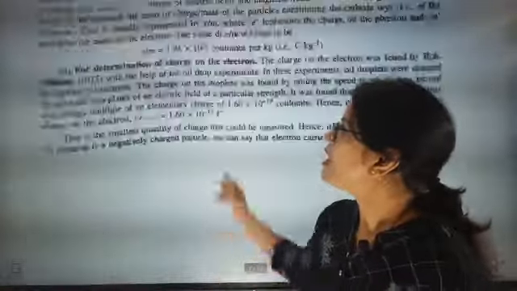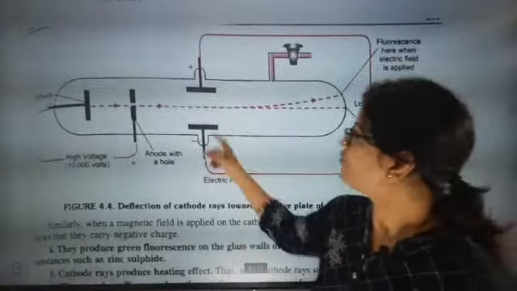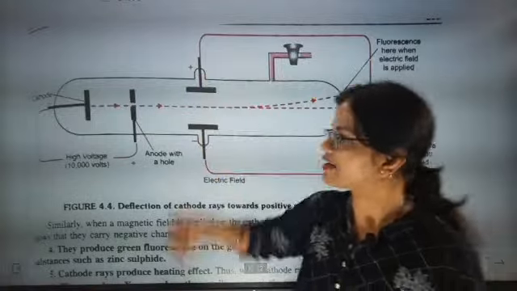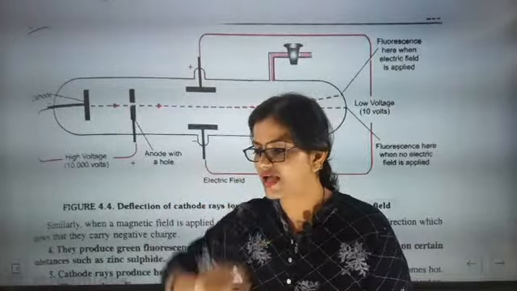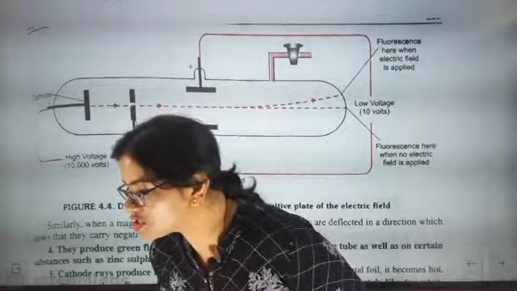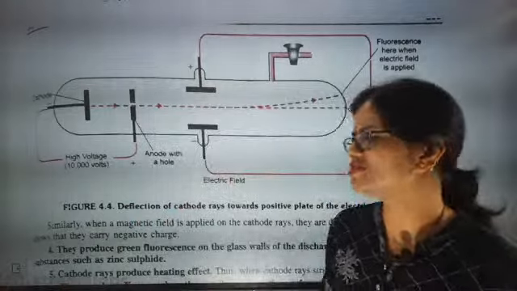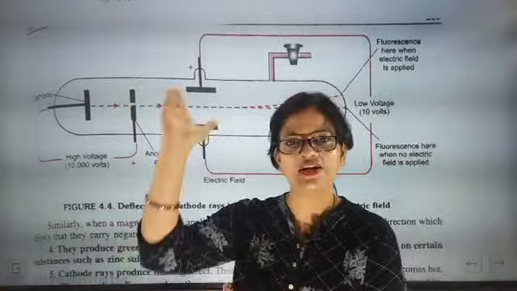If you keep a magnet or an electric field, here you can see this electric field has been applied, or you can keep a magnet also. That is what Shrutika asked me. Rahul says by using a magnet, yes, the magnet has a north pole and a south pole, and the rays will be deflected to one side.